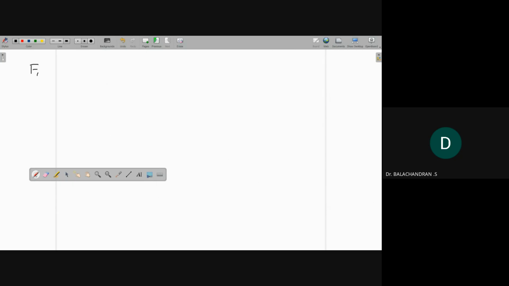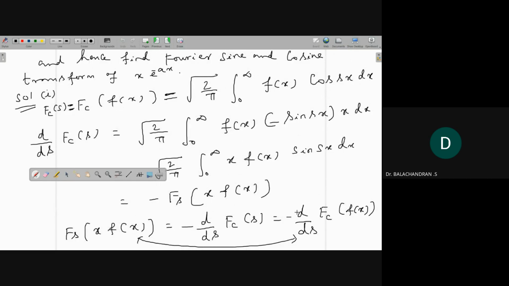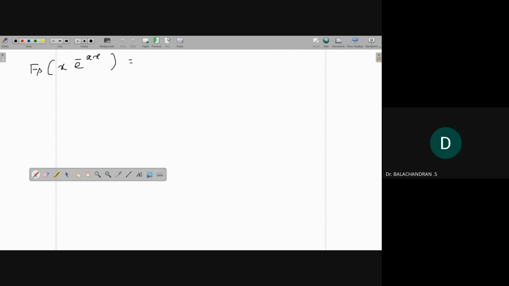For this I am going to use the result: Fs of x into f of x is minus d by ds of Fc of f of x.